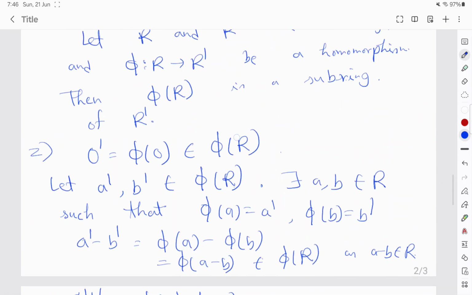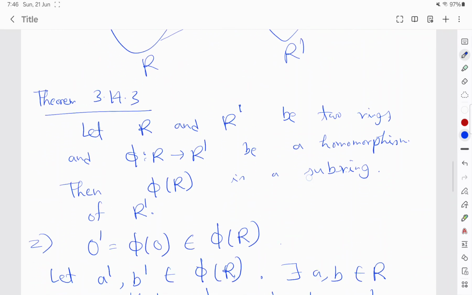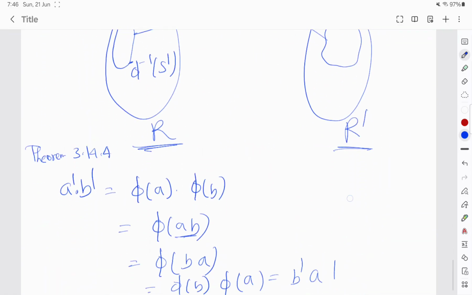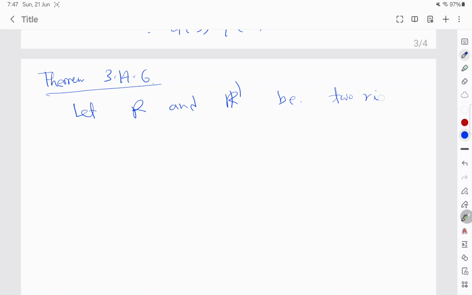You can have a look at theorem 3.14.5. This is for subring. But whenever you are dealing with ideals, your map should be onto. This is very, very important. For example, theorem 3.14.6. Let R and R dash be two rings, and phi from R to R dash be an onto homomorphism.